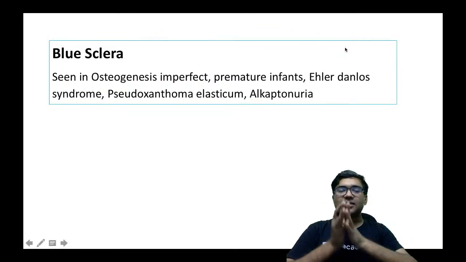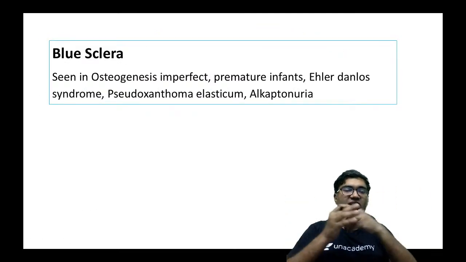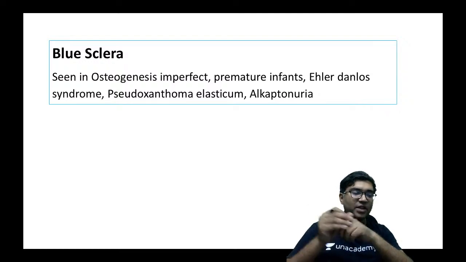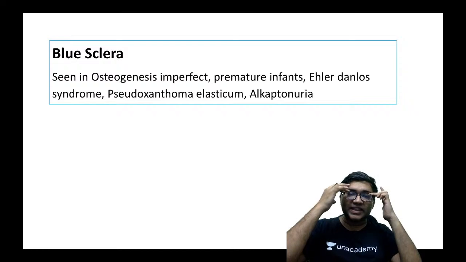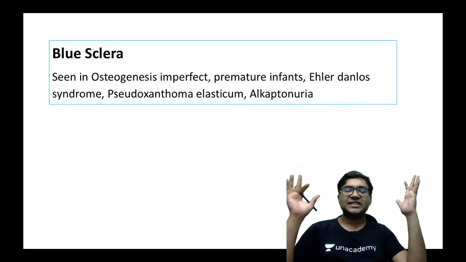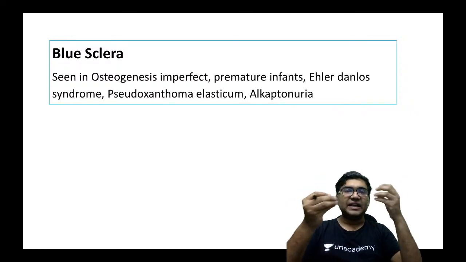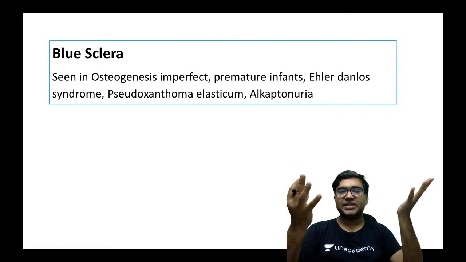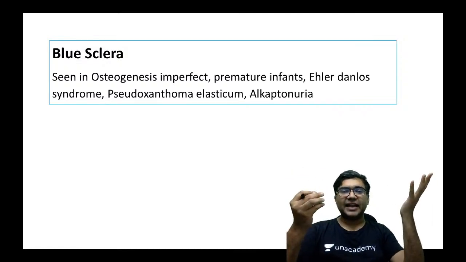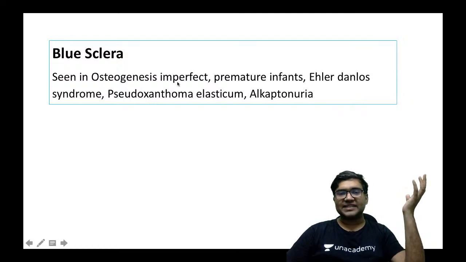Last but not the least, a question was asked regarding the blue sclera. Normally, through the transparent conjunctiva, you see a white sclera. If this white sclera is not there and there is a bluish tinge, then the differential diagnosis includes osteogenesis imperfecta, premature infants, Ehlers-Danlos syndrome, pseudoxanthoma elasticum, or alkaptonuria.